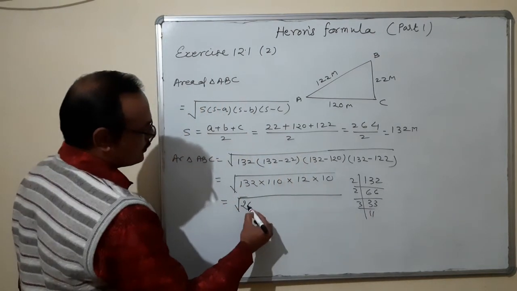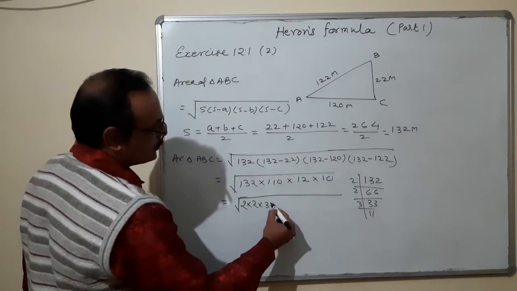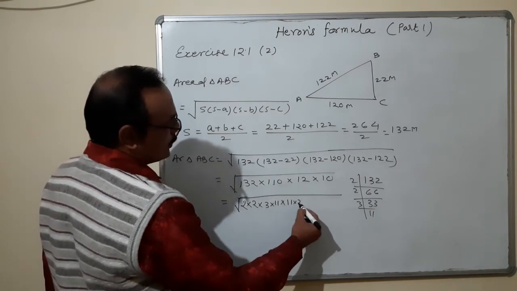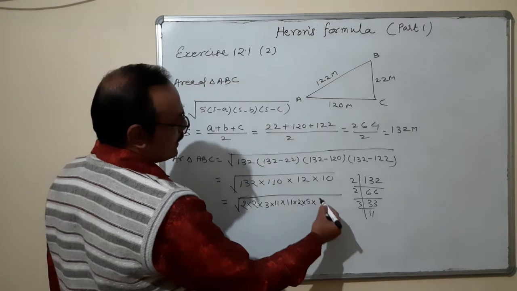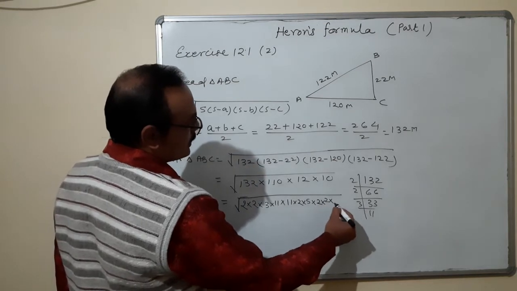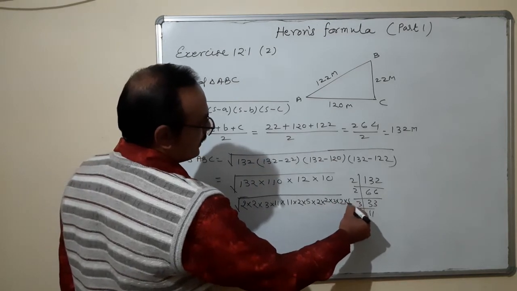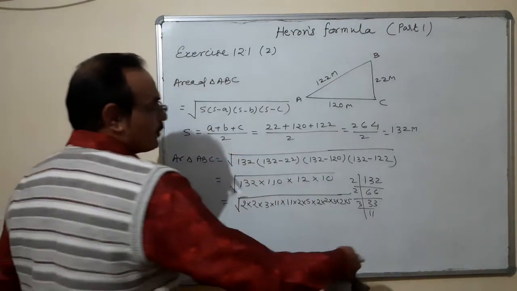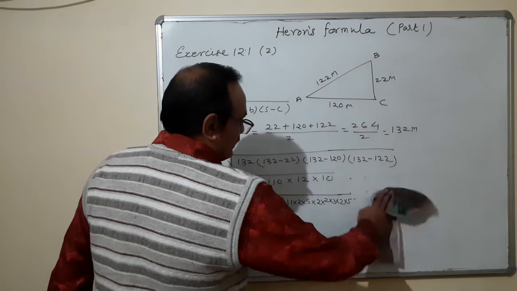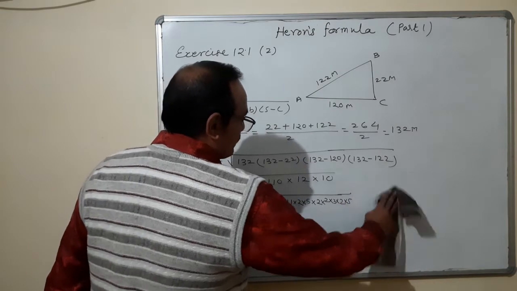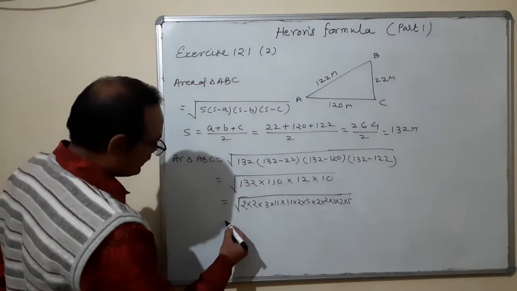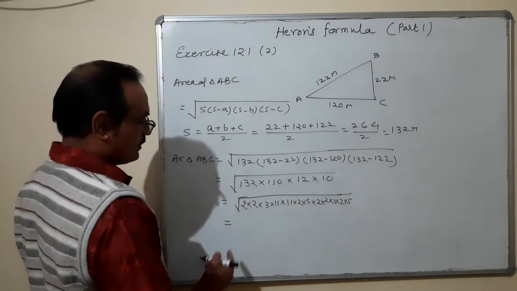So I write here 2 into 2 into 3 into 11. 110 can be written 11 into 10, 2 into 5. 12 can be written 2, 2 are 4, 3 are 12, and 2 into 5. Okay. So these are the prime factors of all the terms. Now starting from it, find out the smallest number.